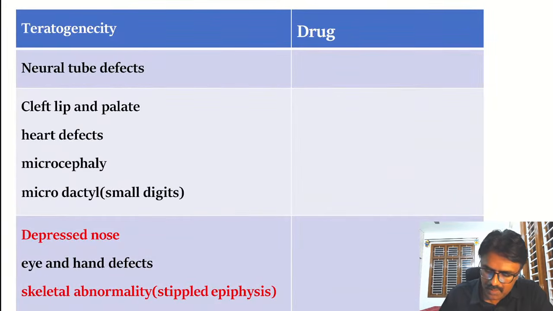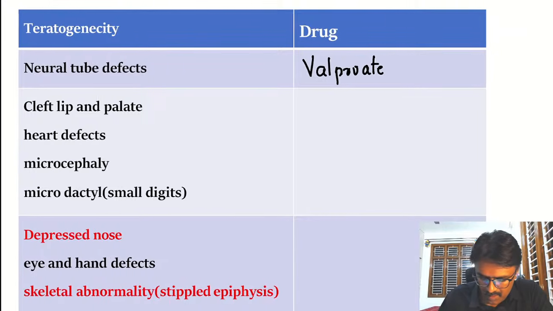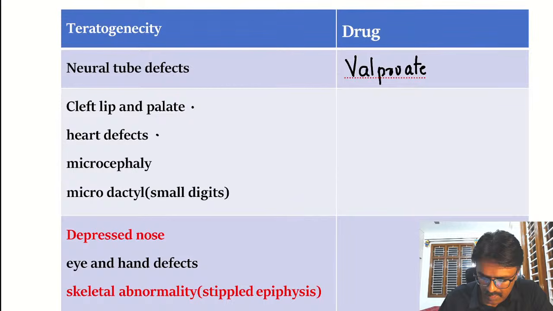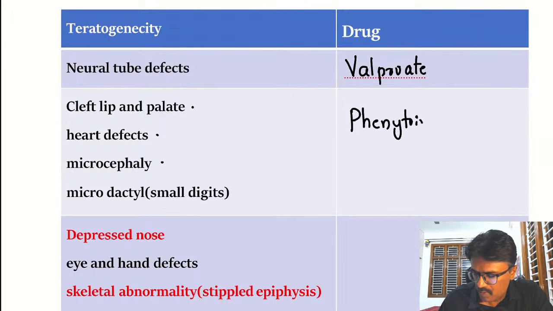Neural tube defect is mainly caused by an anti-epileptic drug called valproate. Cleft lip, heart defects, small fingers, microcephaly: the drug is phenytoin. Now tell me which anti-epileptics are safe in pregnant women. Remember LL: lamotrigine and levetiracetam are safe.